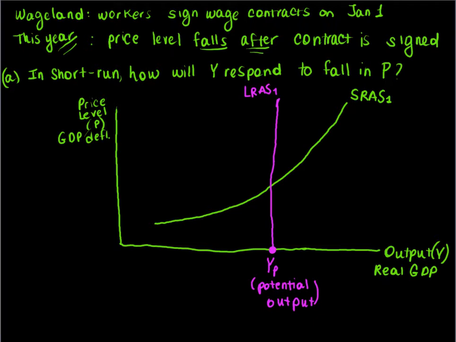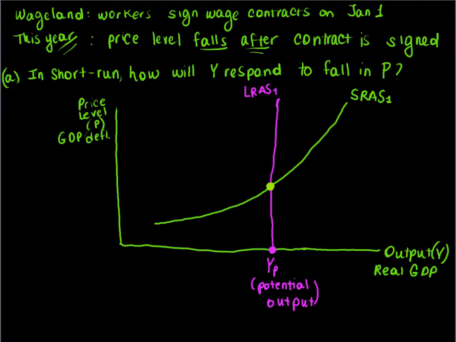So when the problem tells you that we start at a level of potential output, what they're saying is that from the short run aggregate supply curve, we are here. We are at a level where we are exactly producing our potential output. Now the problem asks you to think about how the economy will respond to a fall in prices.